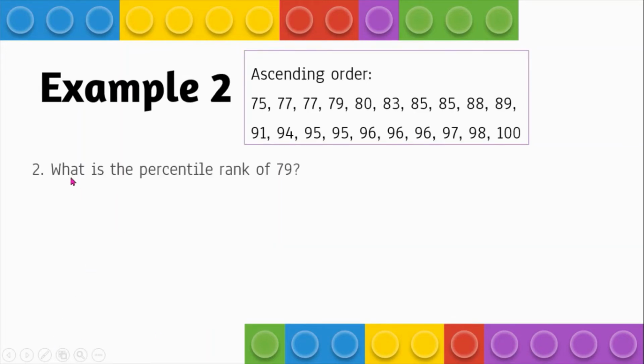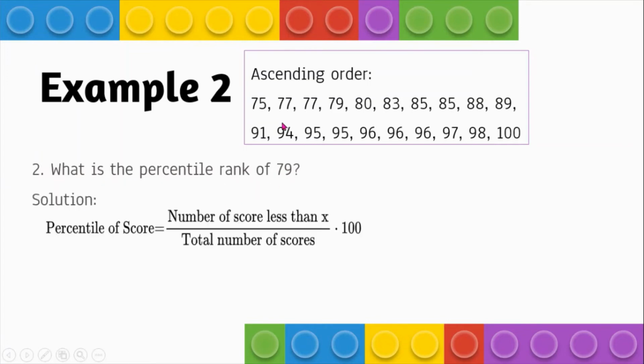Next, another example: what is the percentile rank of 79? Using again the formula, percentile of score is equal to the number of scores less than X over the total number of scores times 100. By substitution, the number of scores less than 79 is 1, 2, 3.